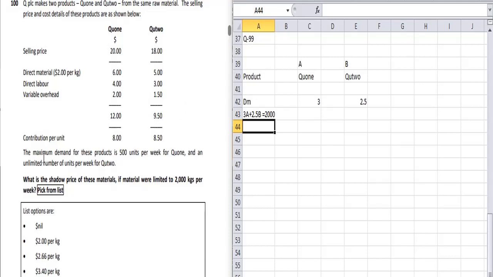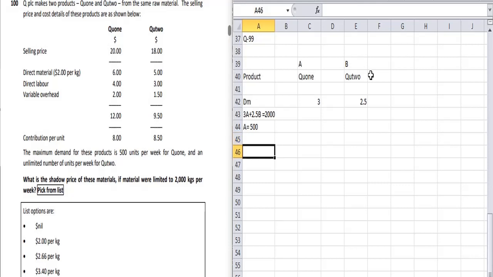The question also says the maximum demand for Q1 is 500 units per week, so A equals 500. Q2 has unlimited demand, so we don't have to make an equation for Q2.